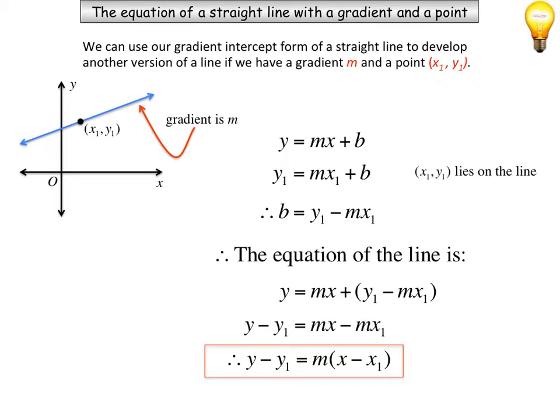What I've got here is now a relationship of a straight line. So that's another way I can represent a straight line. This is something we need to remember. If we have a gradient and a particular point, I can substitute it into this equation and find out what the equation of the straight line will be.